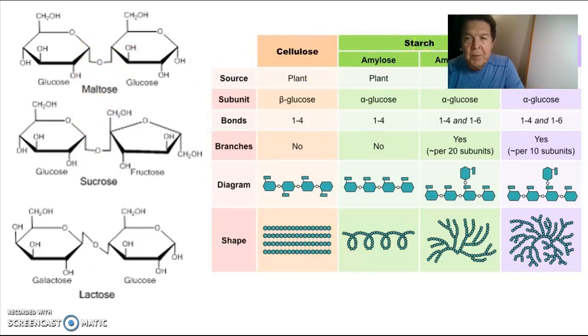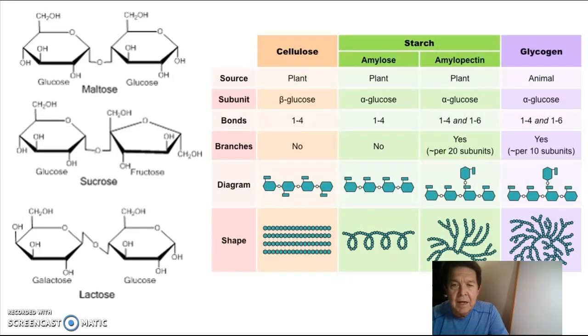The polysaccharides are compounds that are made of more than 1 unit of glucose. In the case that we can see on this slide are the ones that belong to the plants and the one that belongs to the animal.